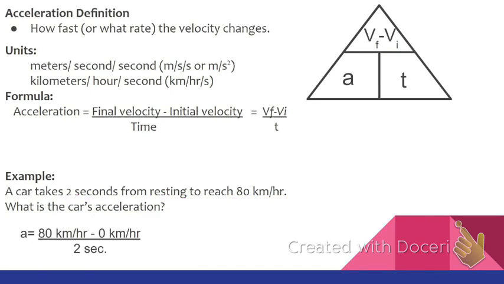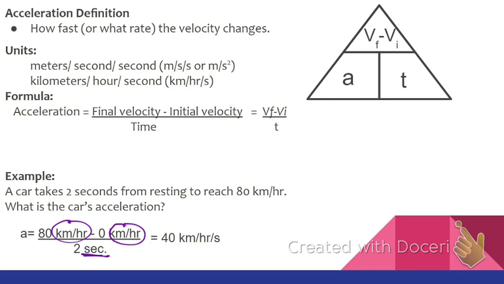When I set that up, I get 40 kilometers per hour per second. The reason that's our unit is because none of these things cross out, which is okay because this is a rate, and it's how fast that rate happens, so that's over time. So 40 kilometers per hour per second.